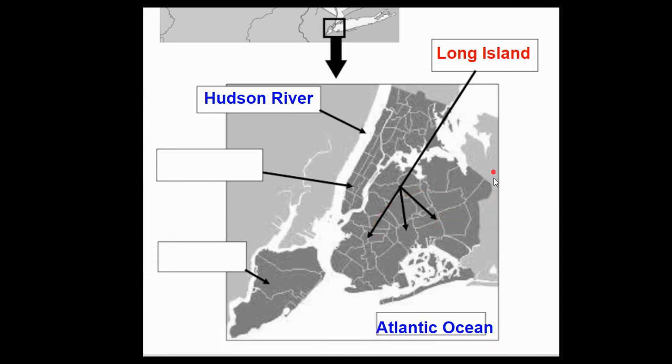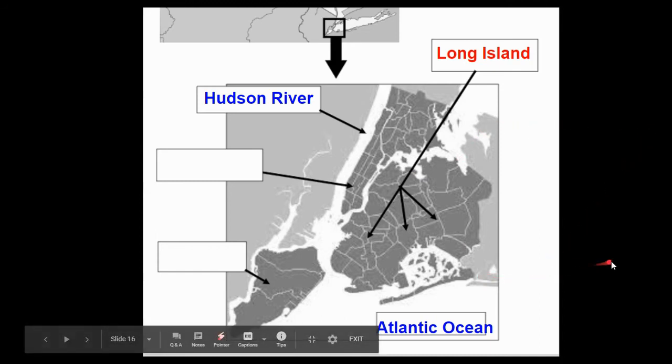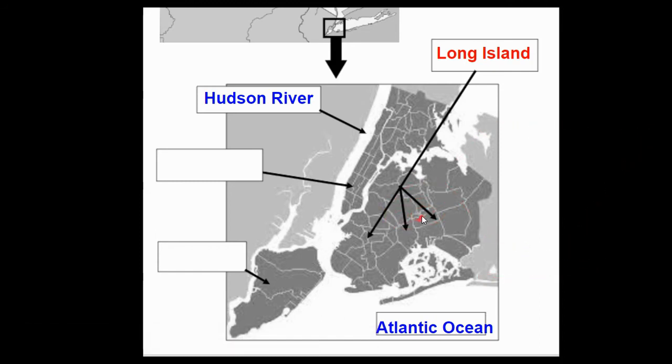This is also Long Island, so the light gray is also land, but when you get this far to the east on Long Island, it's not considered part of New York City anymore, but this is all part of one big island, which is going to go way off the page here. So we're just looking at the far western end of Long Island.